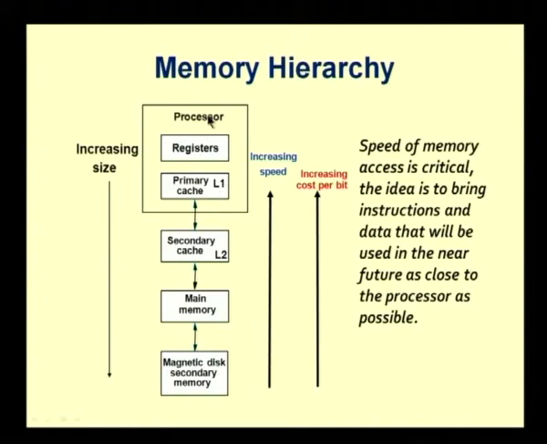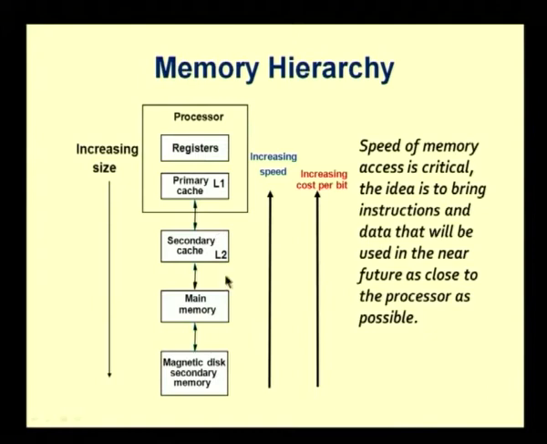The processor is the one that is going to execute the instructions. It needs the data. So the instructions and the data that it needs to execute should be brought as close to the processor as possible, so that they can be executed faster. But of course we said the sizes of these devices will be smaller. Okay. So what you bring in obviously will be limited.